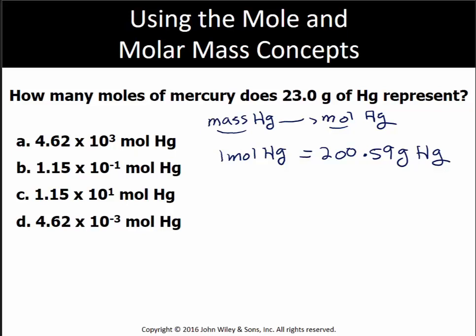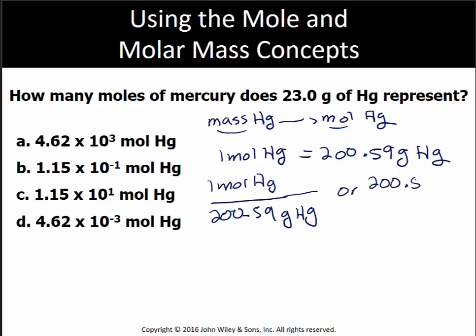Now, based on this equality, we can write conversion factors, two possible ones. So 1 mole of mercury is 200.59 grams of mercury, or each 200.59 grams of mercury is in 1 mole of mercury.